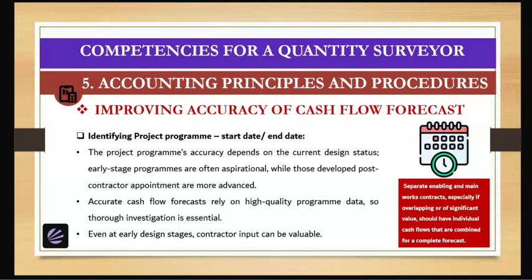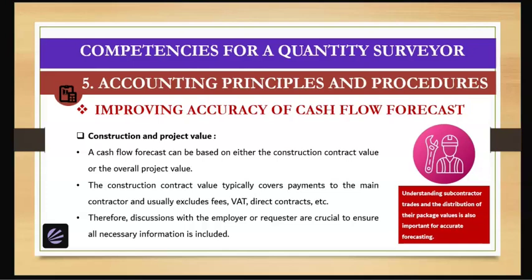Accurate cash flow forecasts rely on high quality program data, so thorough investigation is essential. Even at early design stages, contractor input can be valuable. Separate enabling and main work contracts, especially if overlapping or of significant value, should have individual cash flows that are combined for a complete forecast.